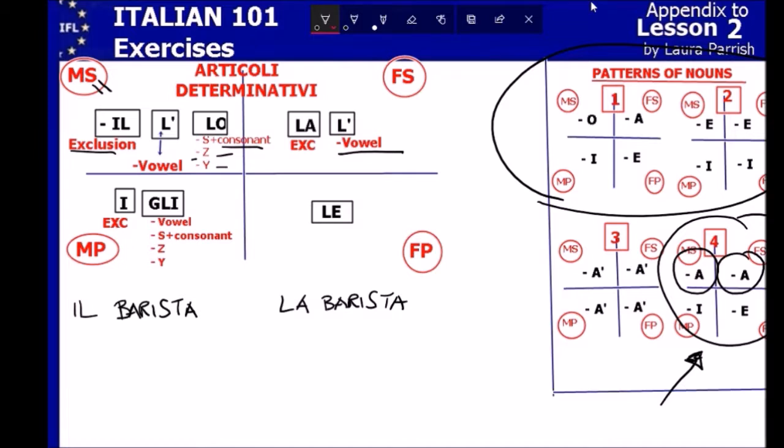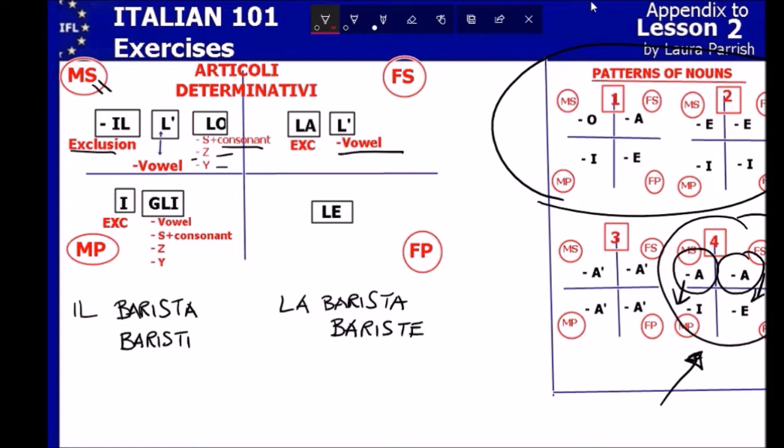Let's make them plural. So in this pattern, you go down with an arrow. Oh, what an ugly arrow. So barista, for guys, will be baristi. And instead, for female bartenders, it will be bariste. It means bartender, this word.